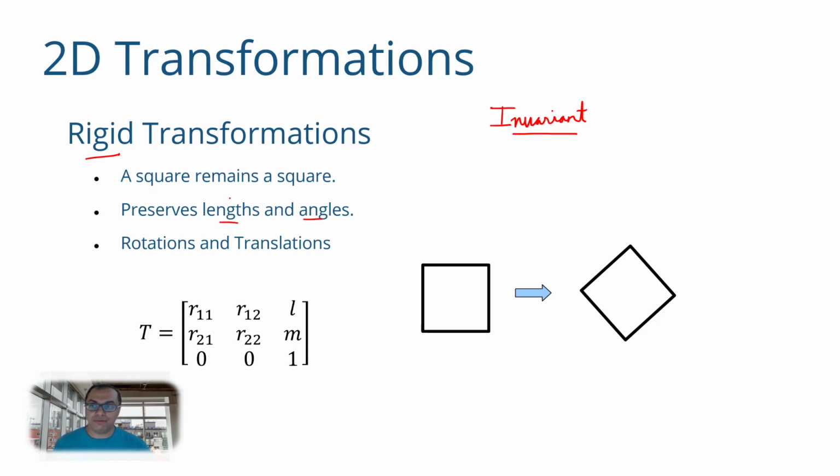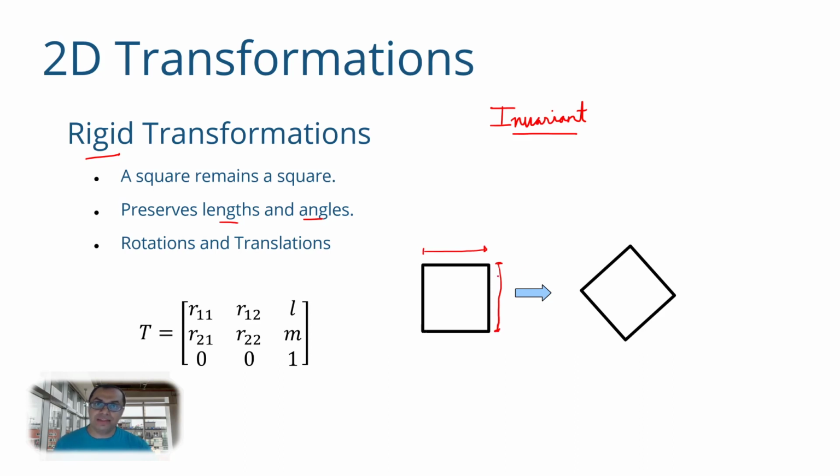That means if I apply a rigid transform to a unit square, it can only stay a unit square.